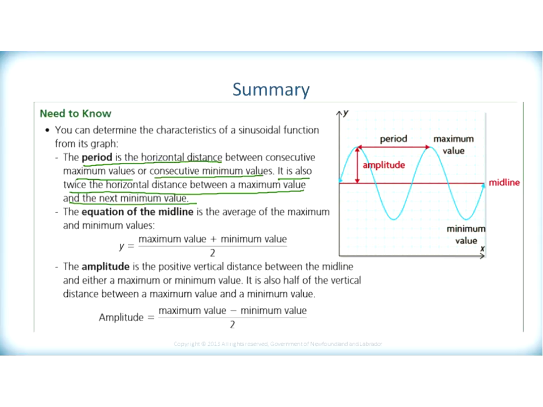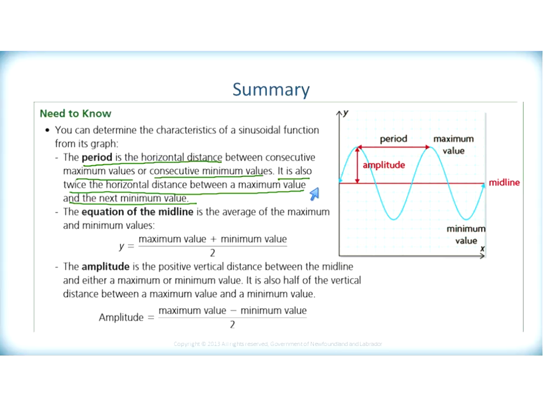Sometimes the graphs are in between units and it's hard to tell from maximum to maximum, so that's another option. The equation of the midline is the average of the maximum and minimum values. So halfway in between the max and the min value is the midline.